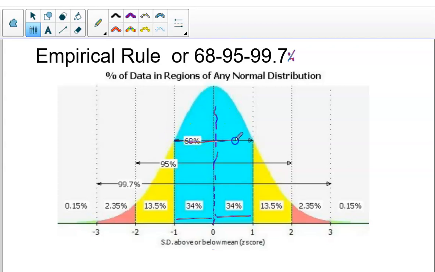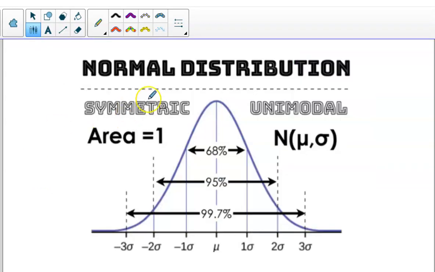This light blue section here contains 68% of the values within 1 standard deviation. From this side to this side is 95%, and almost the whole thing is 100%, but it is 99.7. You have a little green section here, which is 0.15 and 0.15. This is what we're going to use to help us with the problem today.